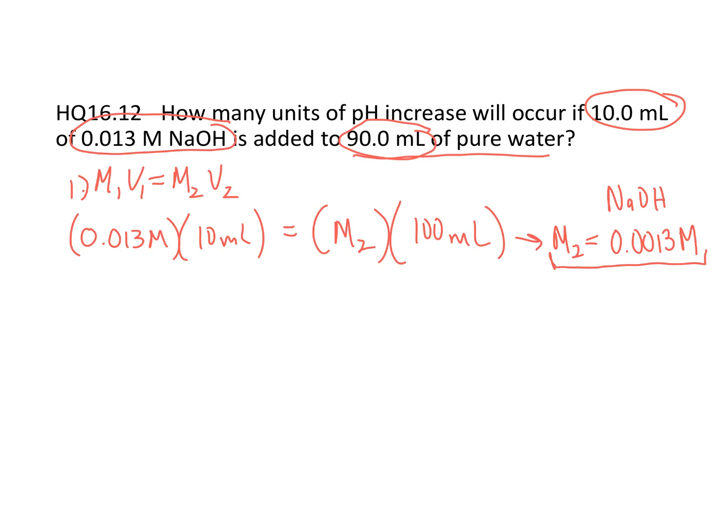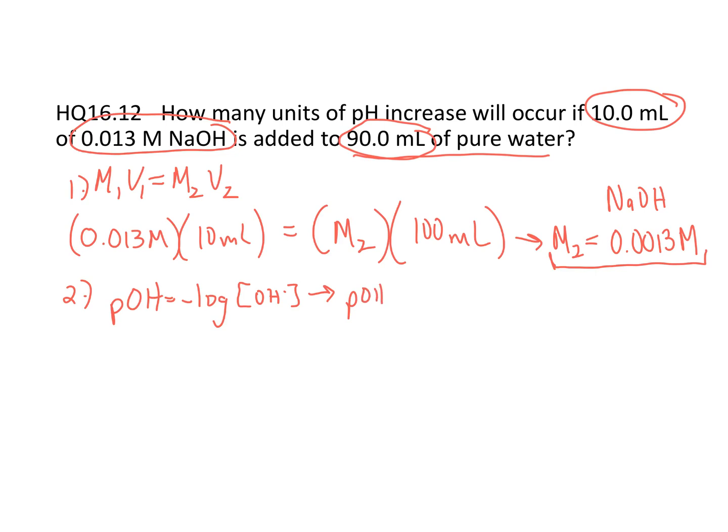Well, now I know the concentration of my base. Now I can find the pH. But because we're given sodium hydroxide, I know the hydroxide concentration. Let's start by finding pOH, and then we can find pH. So we know pOH equals the negative log of my hydroxide concentration.